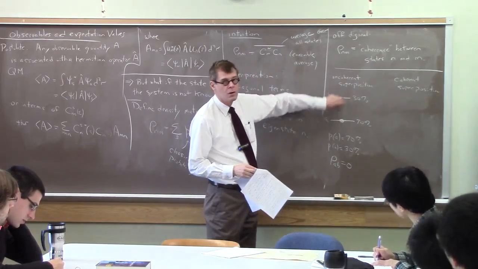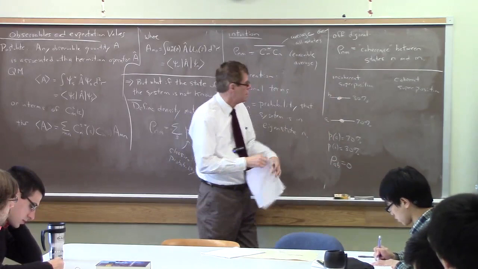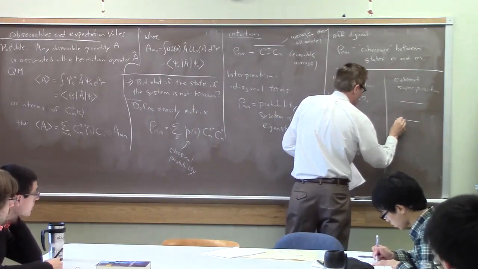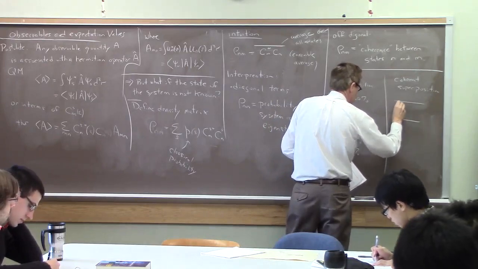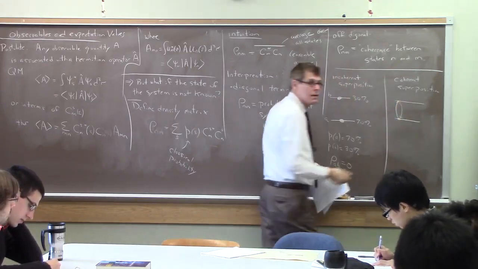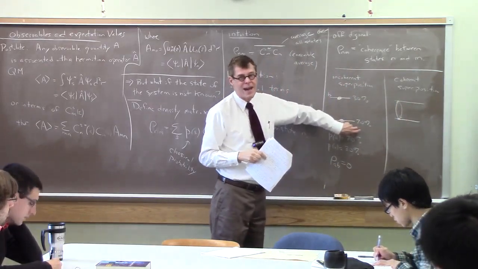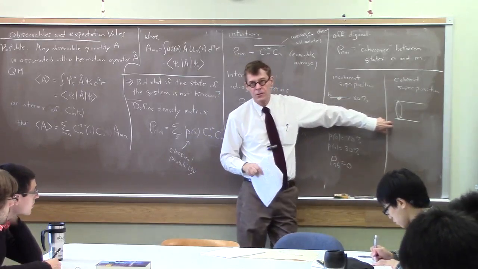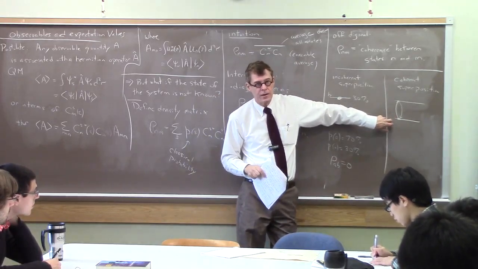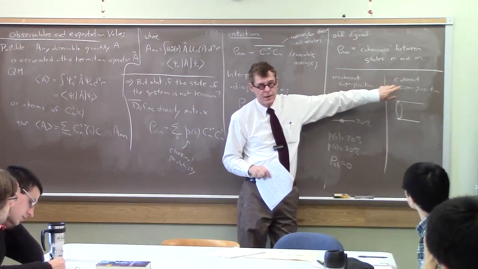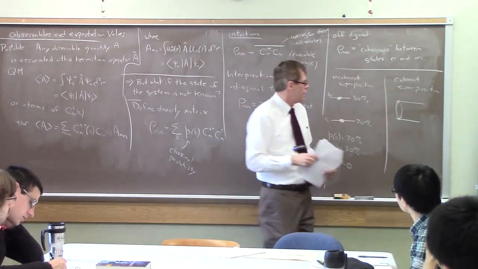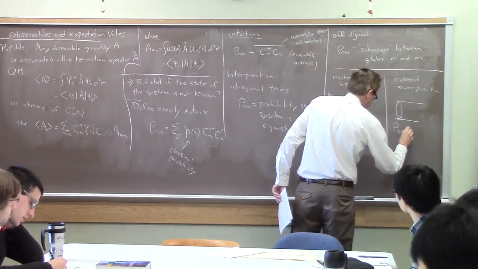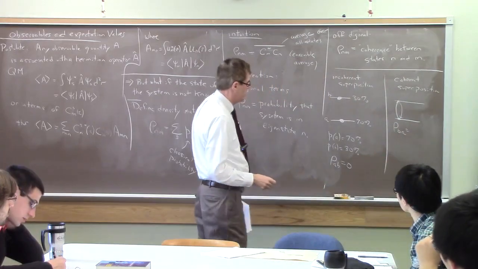There is no coherence between these states. When you say you have a coherent superposition, you mean that each atom is simultaneously 70% in this state and 30% in this state. And then you would say that rho BA is not 0.